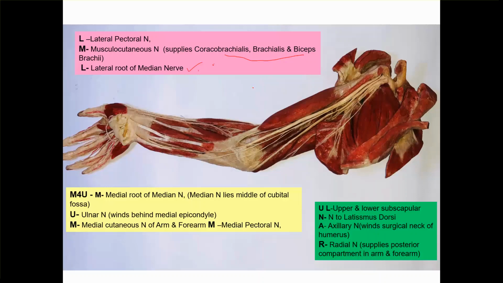If you see a nerve piercing the coracobrachialis, it will be the musculocutaneous nerve.